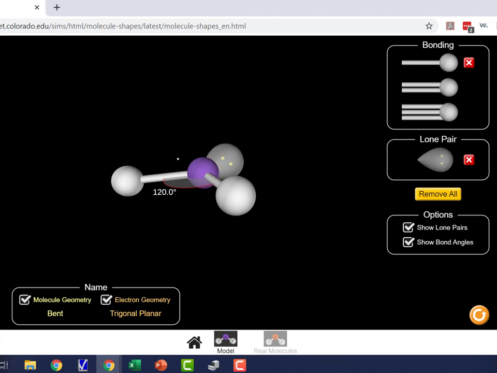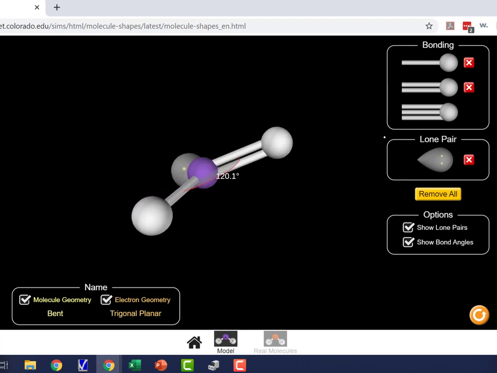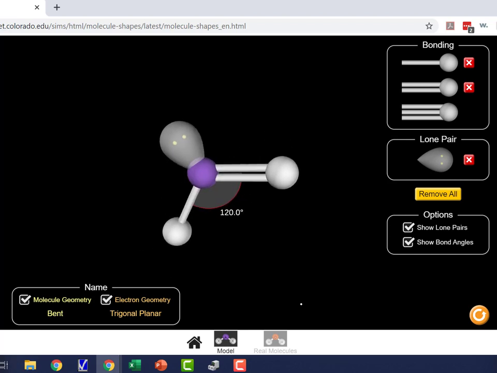I can't add another lone pair, so I have to change my single bond into a double bond. That's the only way we can do it, right? So anytime you have that, there's your shape. Can everybody still see the trigonal planar there? There's still that same basic trigonal planar shape.